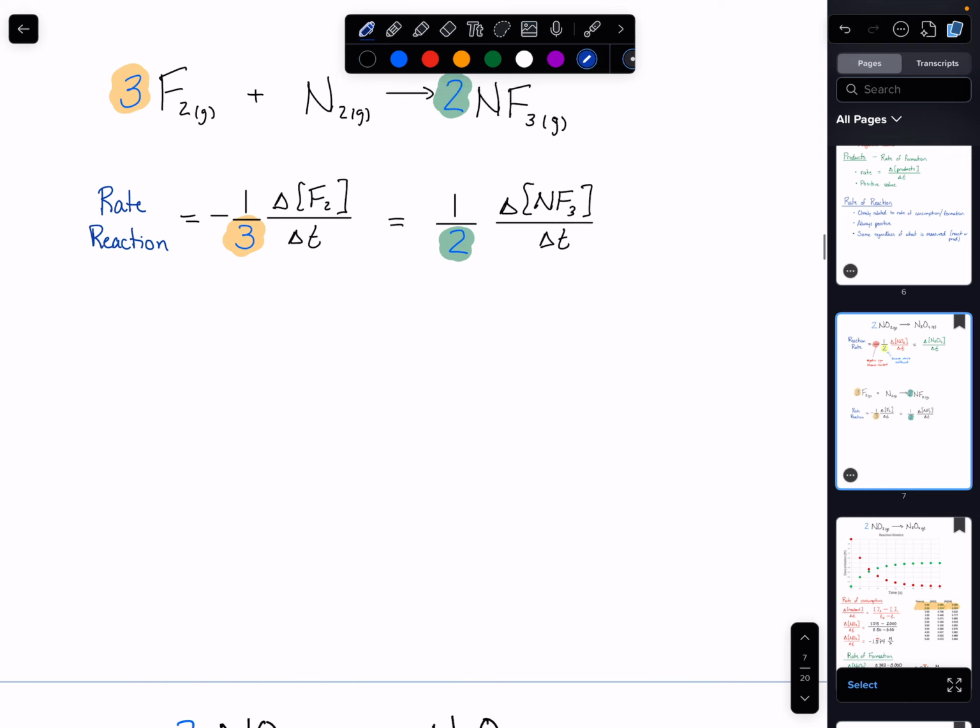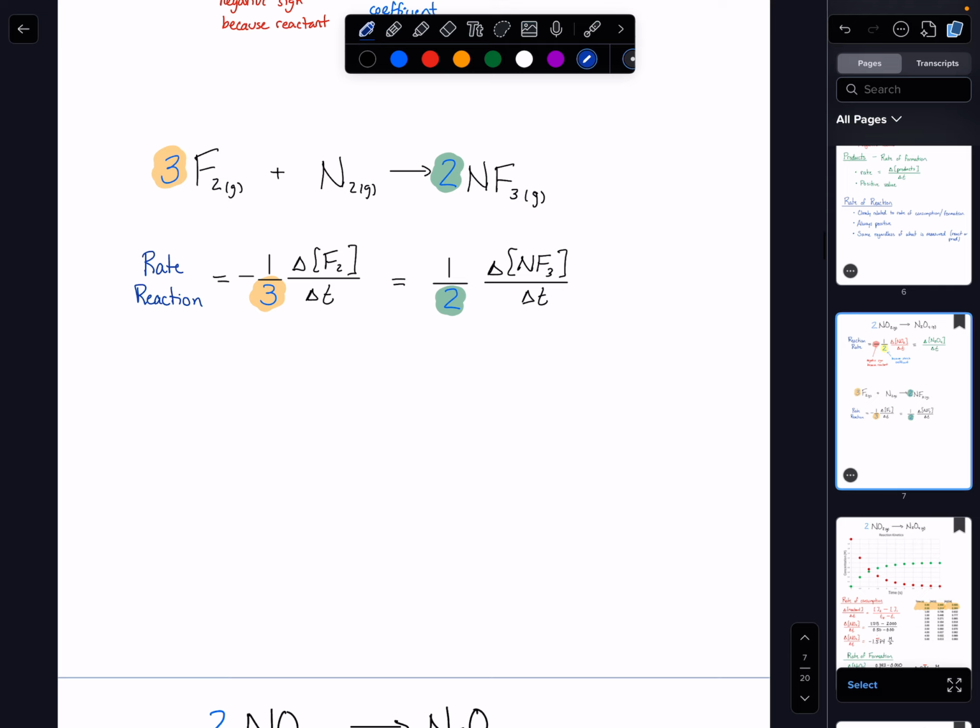All right, cool. So let's use these formulas real quick. Let's say the rate of consumption of that F2 is negative 0.115 molar per second.